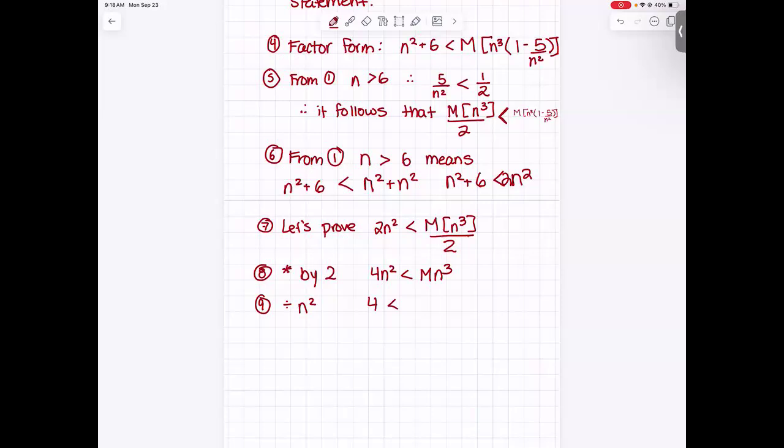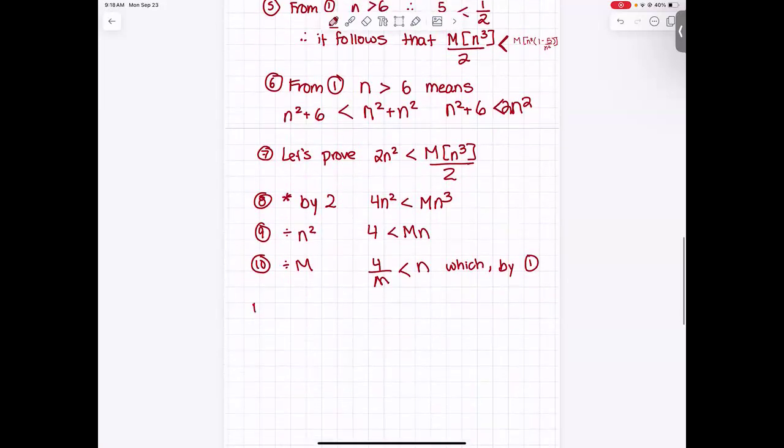So that will end up with 4 over m times n. And then in step 10, we can divide both sides by m. We'll end up with 4 over m is less than n, which by our original step 1, we know to be true.